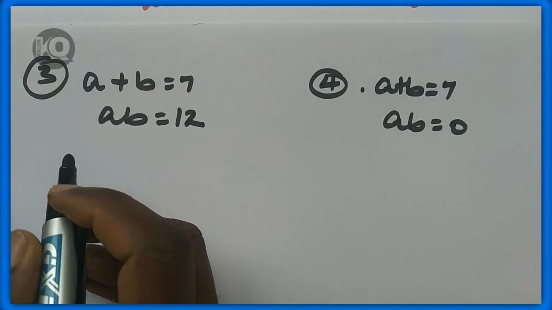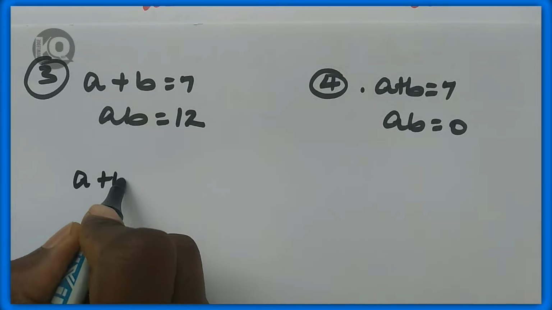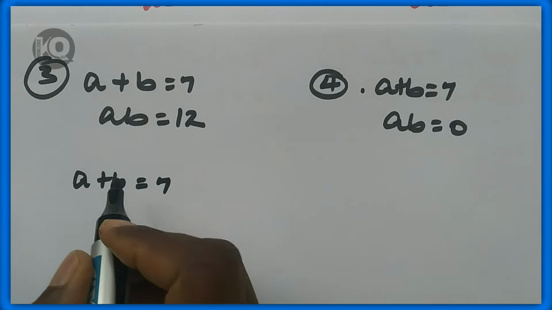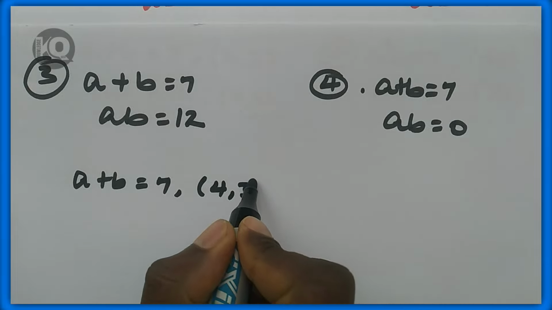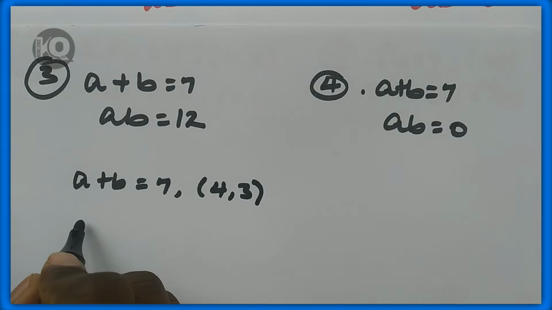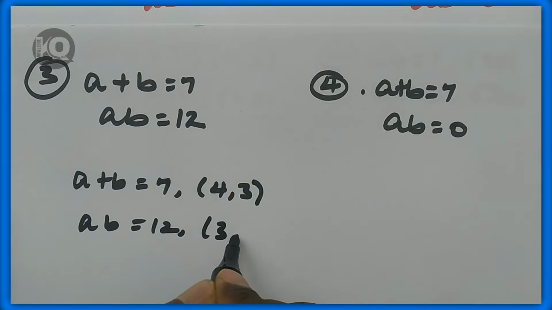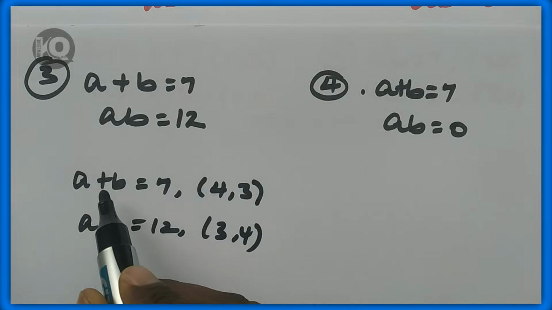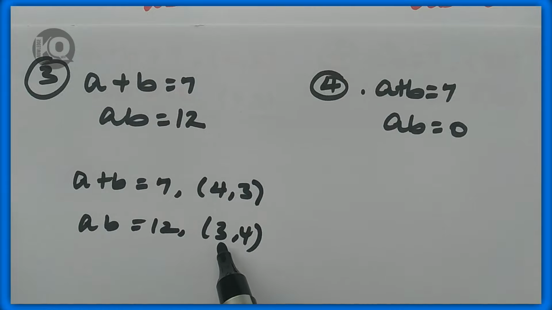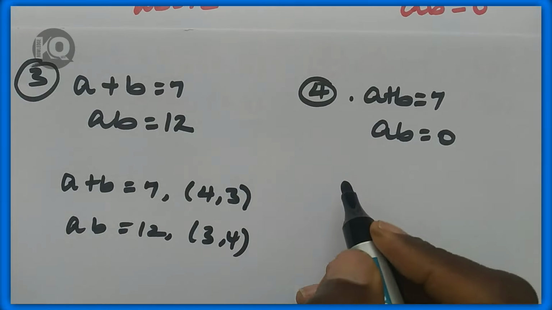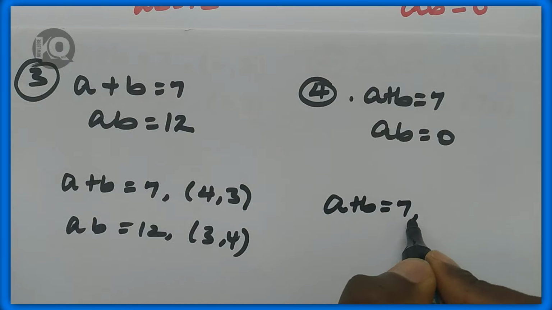So from here, we do have a plus b, which is equal to 7, and ab, which is equal to 12. So most probably 4 and 3. So a might be 4 and b might be 3, or a might be 3. And also from here we do have a plus b, which is equal to 7.